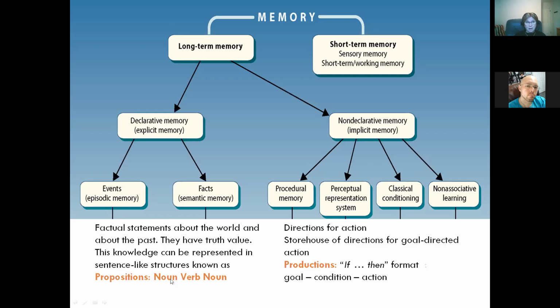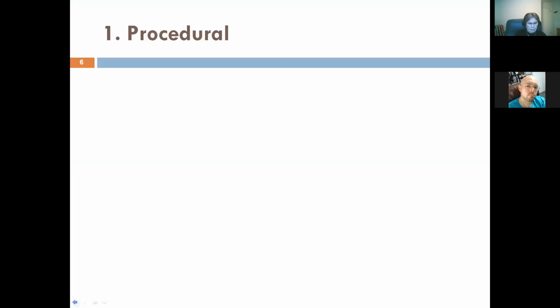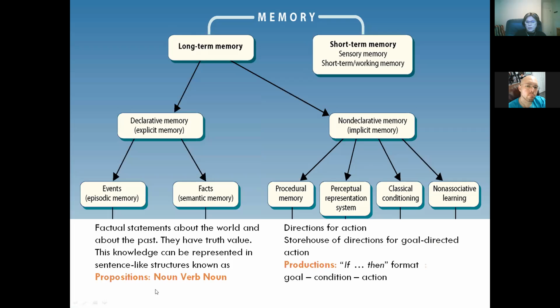Why do we say he runs and not he run, which would be ungrammatical English? Judgments, strategies for forming percepts. And they are mostly represented in something called productions.